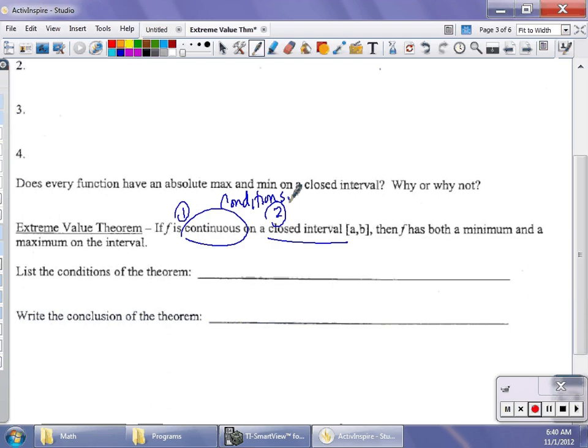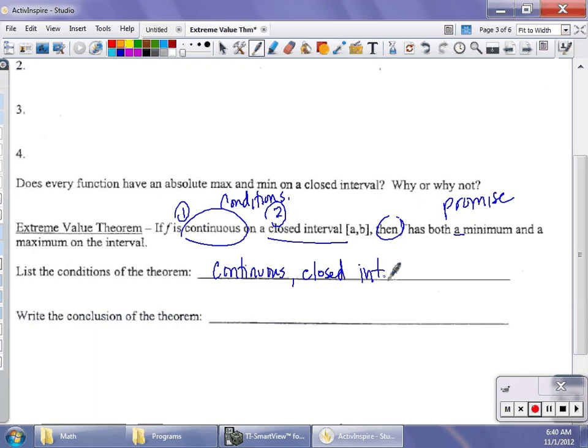And then back here, at the then part of the conditional statement, that's the promise or the guarantee. If the conditions occur, then the function has guaranteed both a minimum, and notice it says a, that means absolute, a minimum and a maximum on the interval. All right, so the conditions of this theorem, before we can apply it, is we have to have a continuous closed interval.